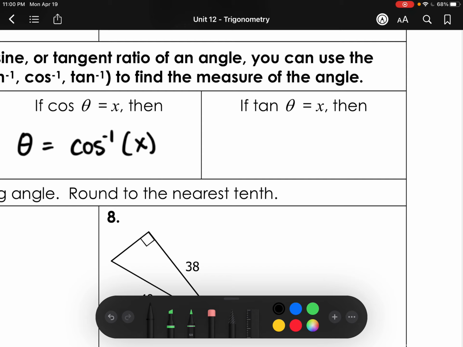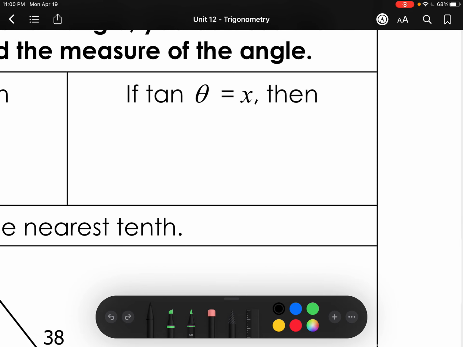So if we're looking for an angle, and we're given the adjacent and the hypotenuse side, we're going to be using this function right here. And then if tangent theta is equal to x, then that means that theta is equal to the inverse of tangent of x.